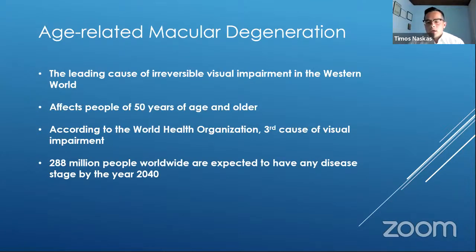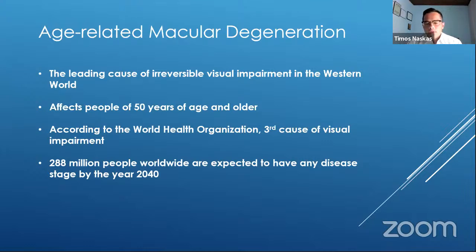2016, made some projections of how the prevalence of the disease is going to evolve until the year 2040. The estimation for 2020 was 196 million people, with populations of the Western world leading the prevalence. So the US, UK, and the EU would have most cases of any disease stage.